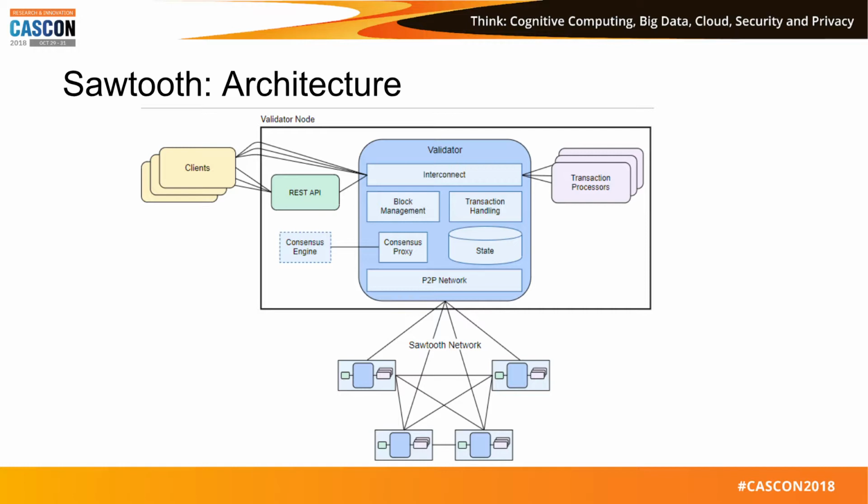The validator has two functions. One is the middleman between the REST API and the processor, but it also handles all the functions related to the blockchain. What I mean by that is the validator is responsible for validating the blocks and adding new blocks into the chain.